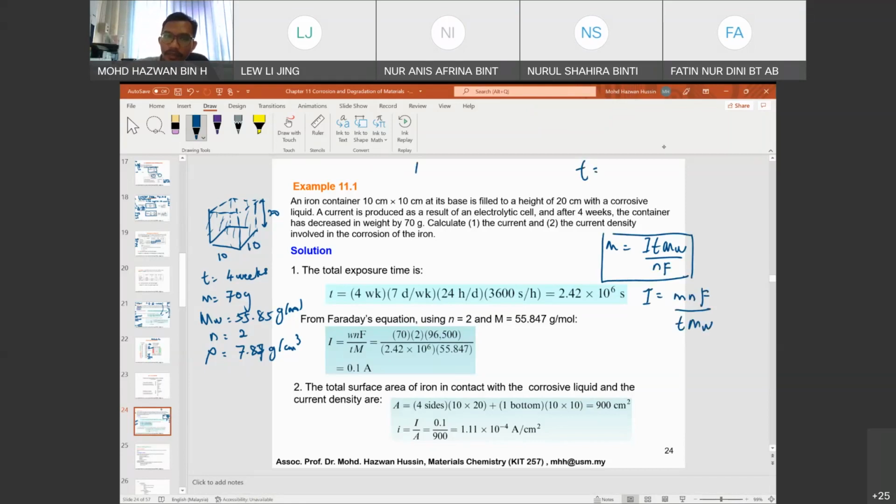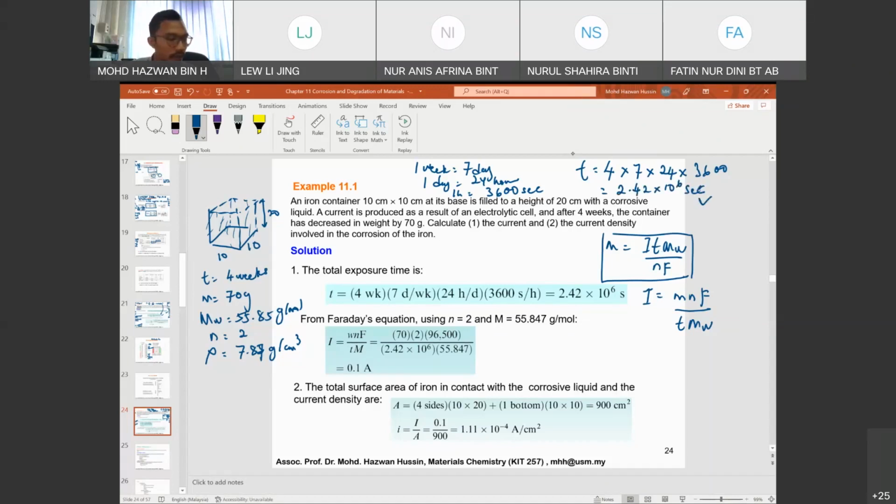So 1 week equals how many days? 7 days. 1 day equals 24 hours. 1 hour equals 3,600 seconds. So the unit conversion will be 4 times 7 times 24 times 3,600 seconds, which equals 2.42 times 10 power of 6 seconds.